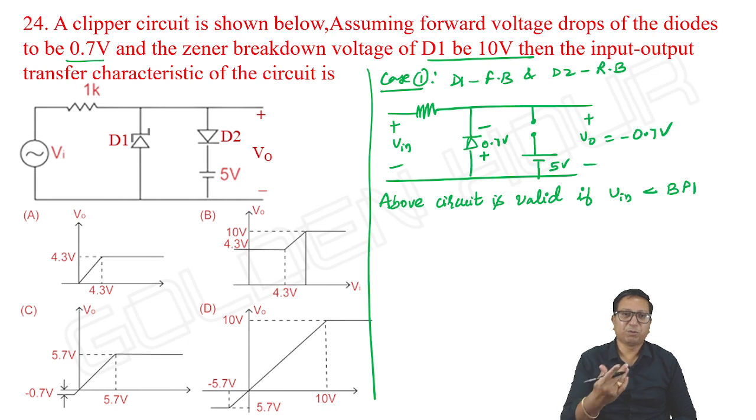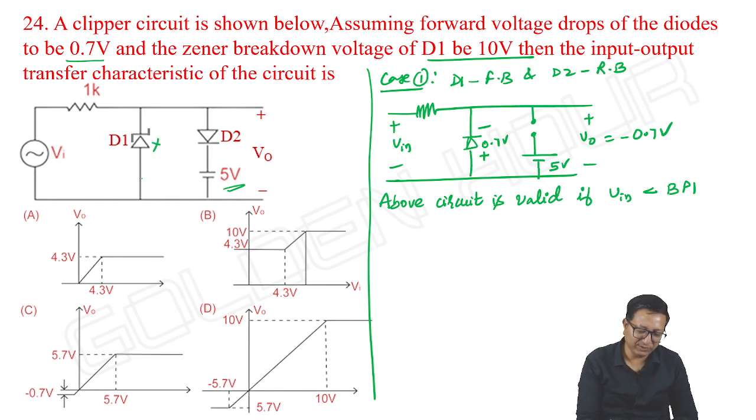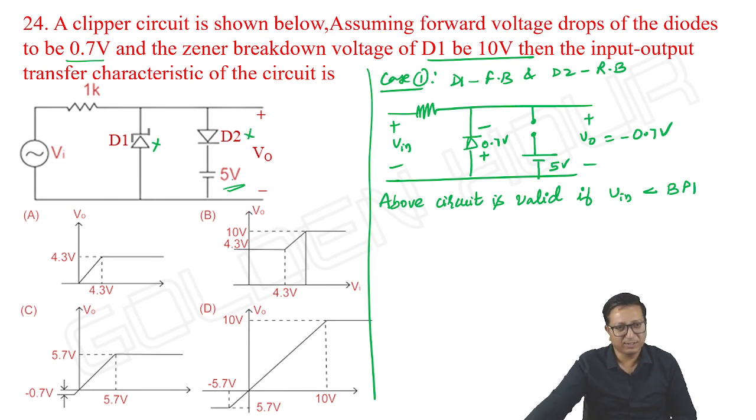Next, input is positive and less than 5 volts. Instead of that, I can say greater than breakpoint 1, less than breakpoint 2. What happens? Positive means D1 is reverse biased, and less than 5 means D2 is also reverse biased. Both D1 and D2 are off. Case 2. Both D1 and D2 are off.